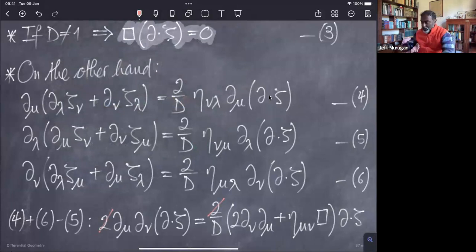And then I can use equation 3, which tells me that the D'Alembert acting on d dot zeta vanishes. So that tells me that this whole term here vanishes, which leaves me with the following.